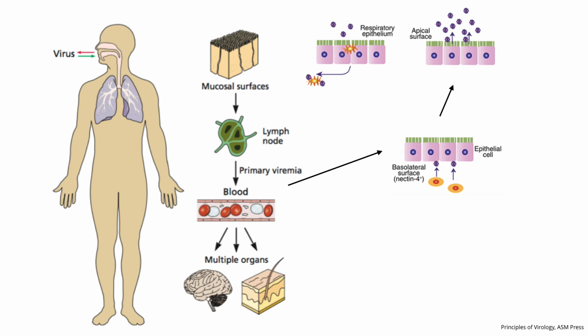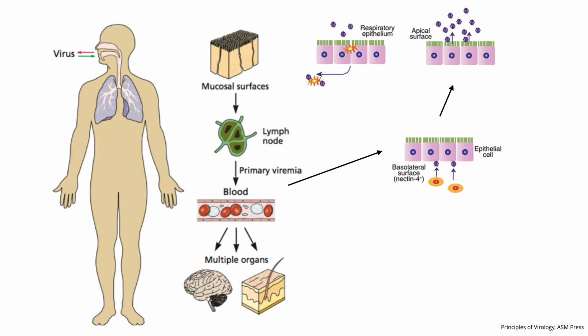Lymphoid cells that are infected traffic to the respiratory epithelium. So we're back in the lung. So here was the lung cell surface on entry, and now we're back at it for exit. And the immune cells in which the virus is replicating bring the virus to the basolateral surface, and that's where the receptor, or one of the receptors for measles virus, is, Nectin-4.